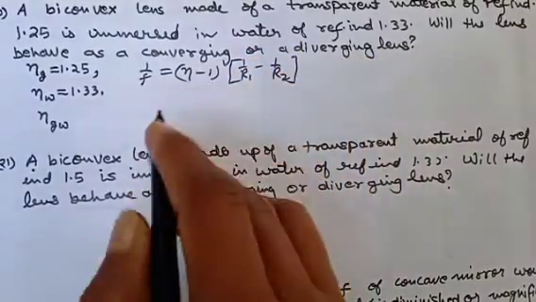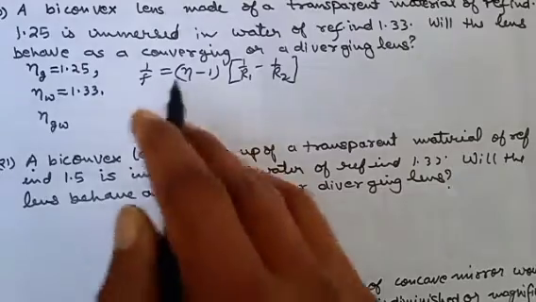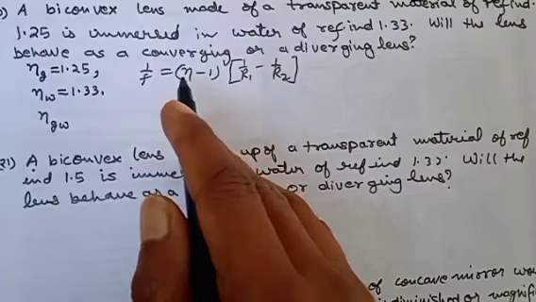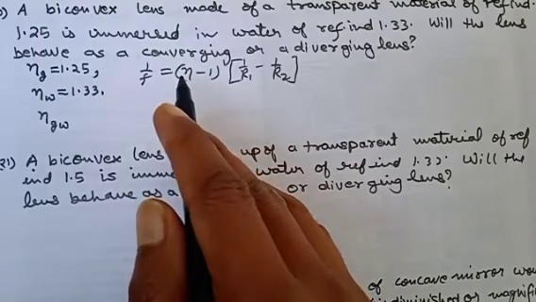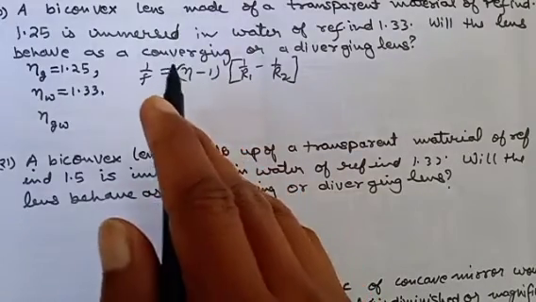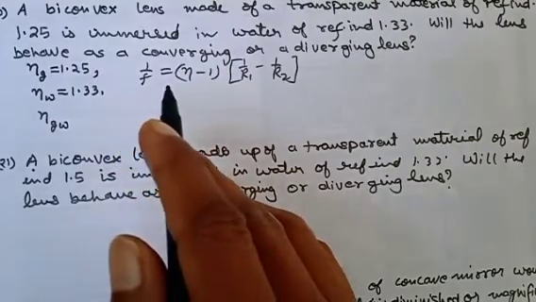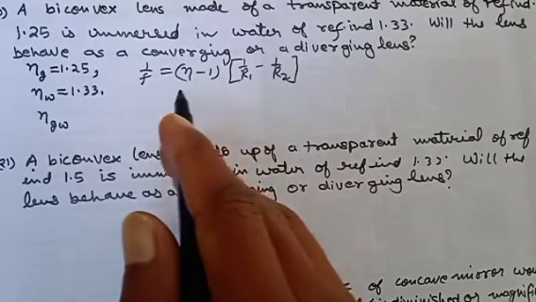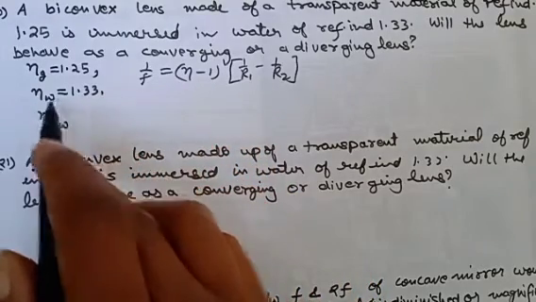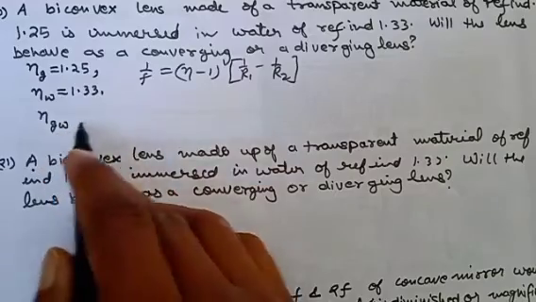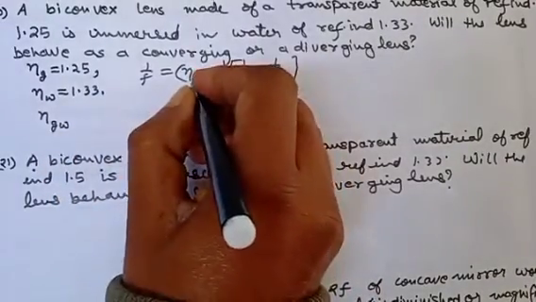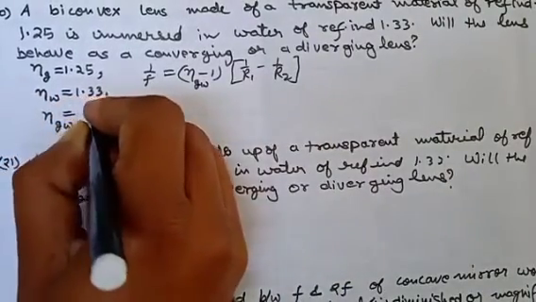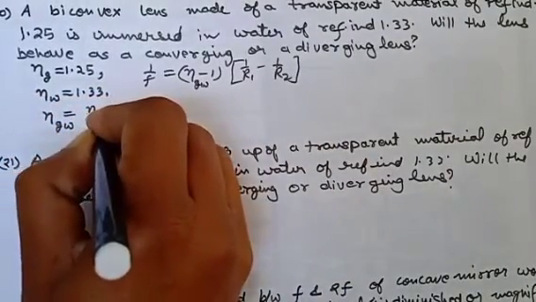In this formula, this eta is not any eta, it is the eta of glass, the refractive index of glass with respect to air, if that lens is placed in air, or it is the refractive index of glass with respect to that medium in which it is placed. Right now it is placed in water, so we will replace it with GW.